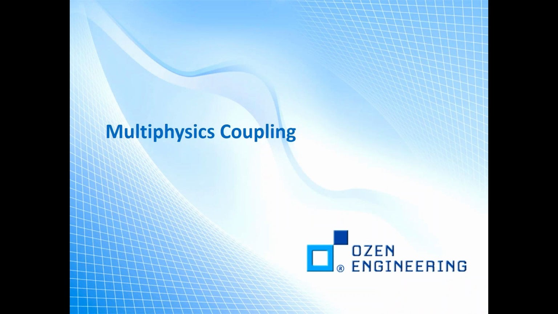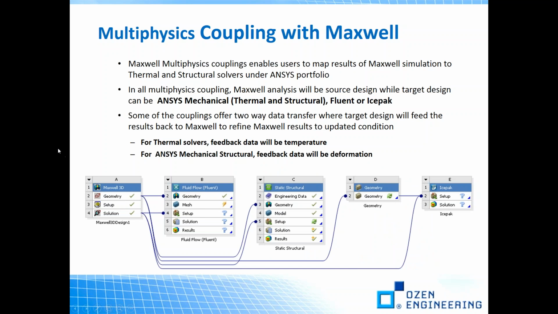About the multiphysics coupling. The advantage of using ANSYS tools is that you have the option of multiphysics simulation. Maxwell has coupling with other ANSYS software. As you can see here, Maxwell has two-way coupling with ANSYS Mechanical for thermal and structural analysis, with Fluent, and also IcePak, which is a thermal analysis software.